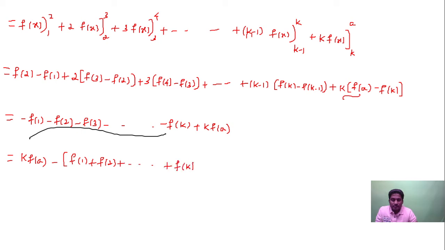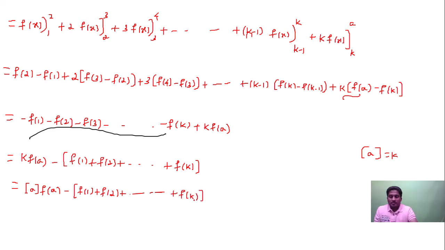Now, we just did this: box of a is equal to k. So this is box a into f of a minus f of 1 plus f of 2 and so on up to f of k.